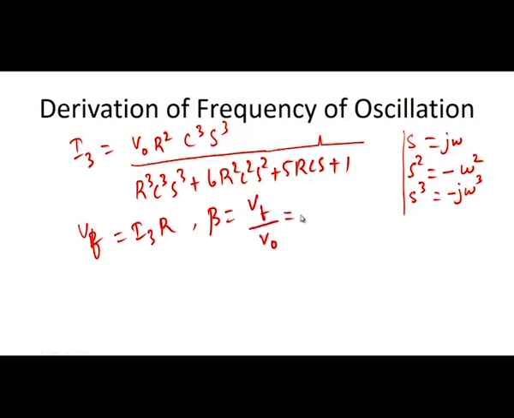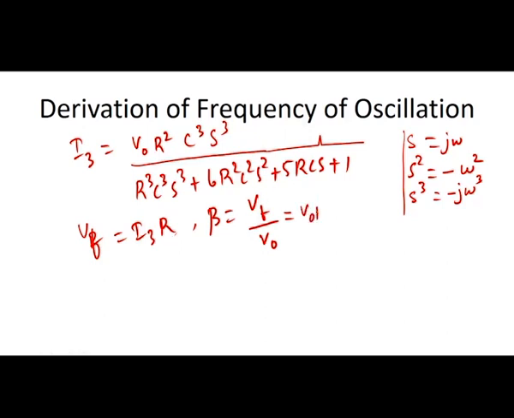So now for the feedback network, the output voltage is Vf and the input voltage is V0. Now you substitute this Vf. Vf is actually calculated through this I3R. So here, if you multiply this I3 into R, that will be your Vf.